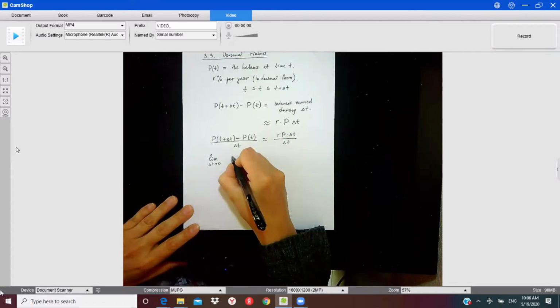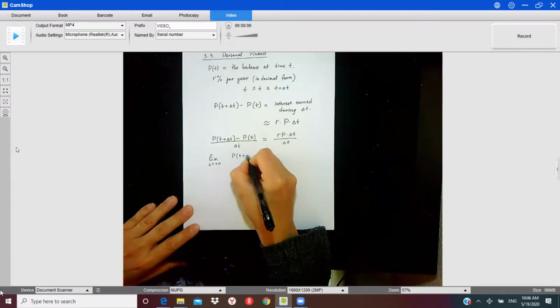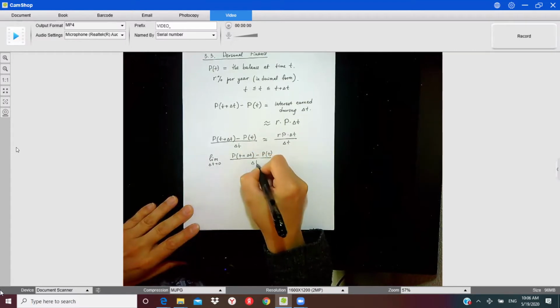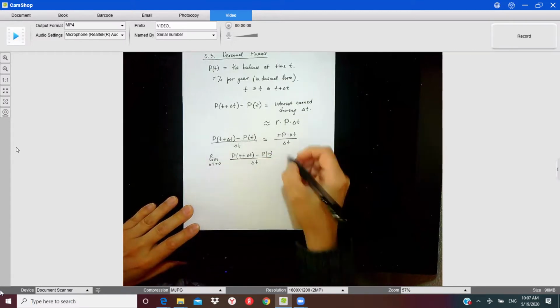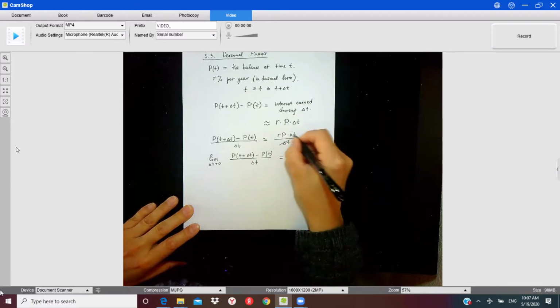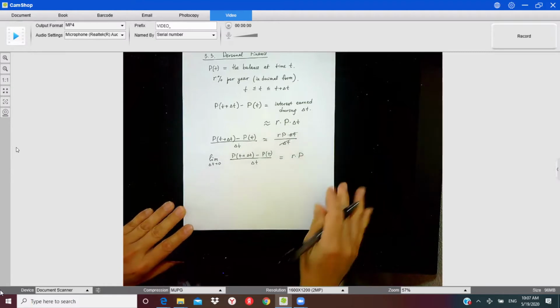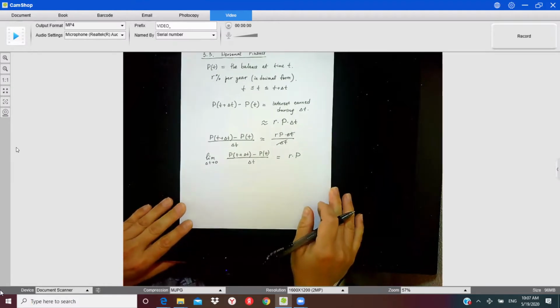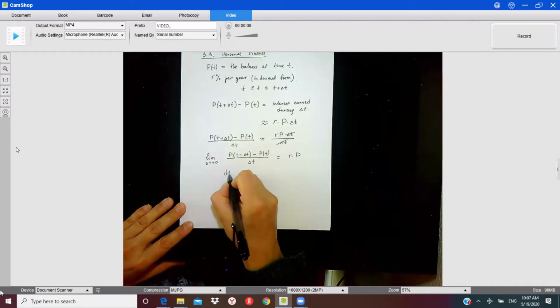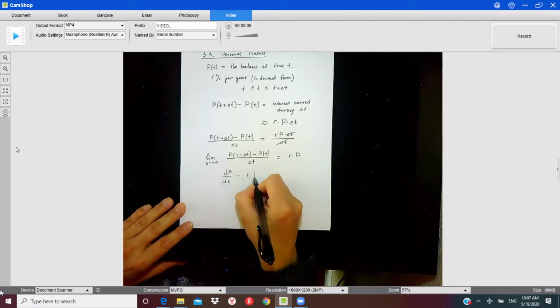So we get the derivative on the left-hand side, because this is the definition of the derivative. On the right-hand side, we just get R times P. So we have dP/dt, the derivative, equals RP.